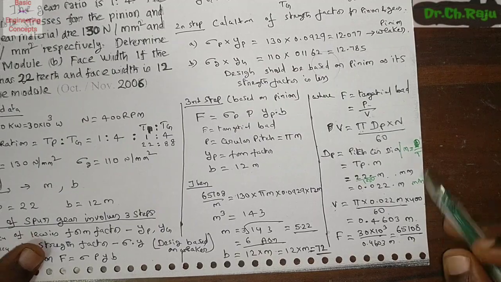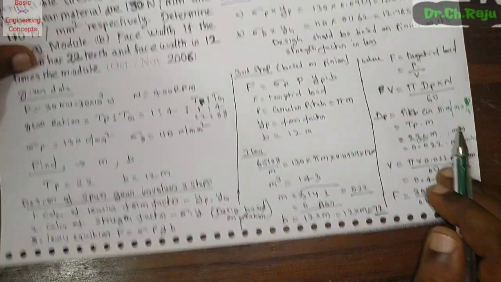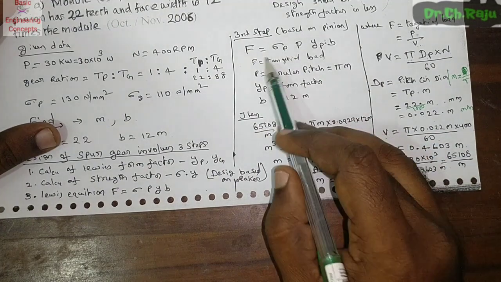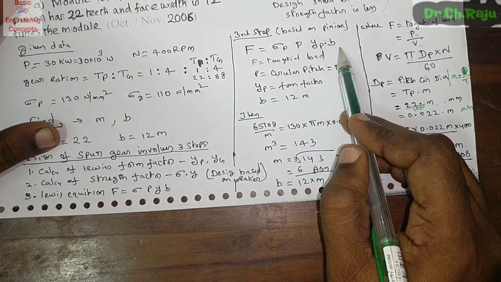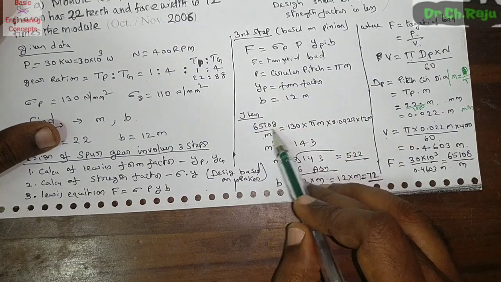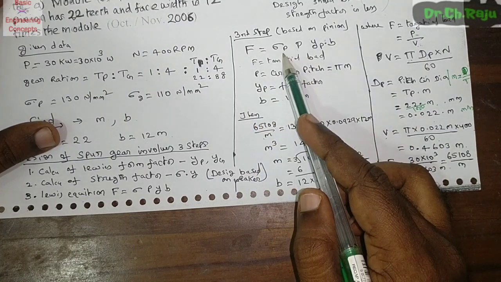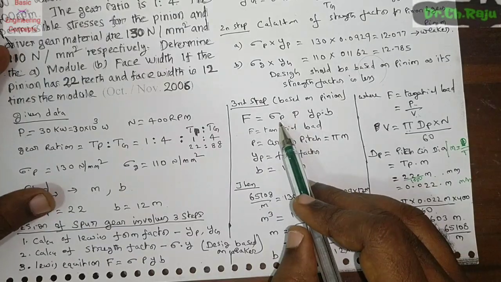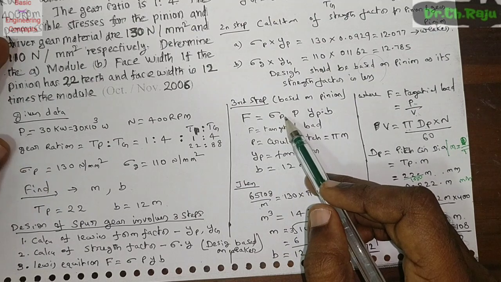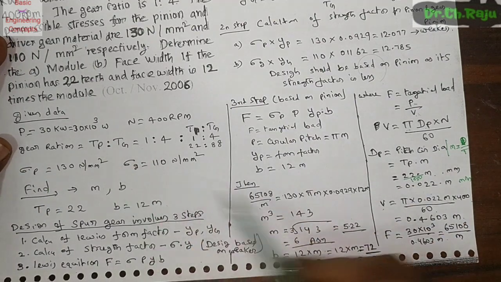65,108 by m, we can simply substitute the values in this Lewis equation, that is sigma P times P times Yp times B, where the value of F is equal to 65,108 by m. So sigma P, the stress for the pinion, is given as 130.